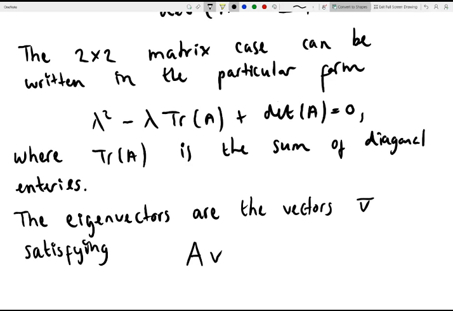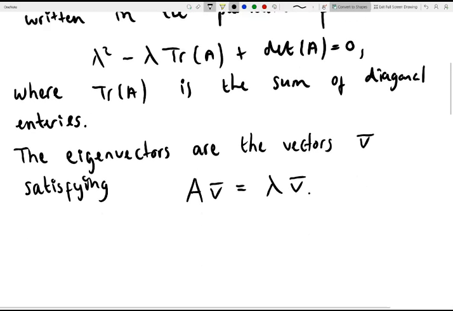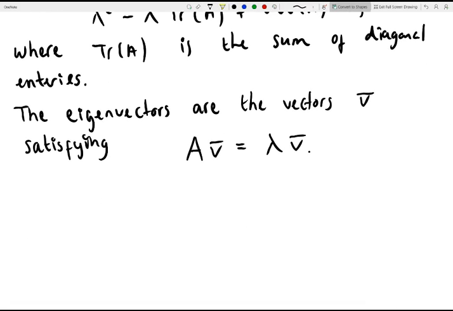So A is a matrix, V is a vector, lambda is the eigenvalue, and V is another vector. And we'll come to this more in a moment. But first of all, let's talk about matrix diagonalization.